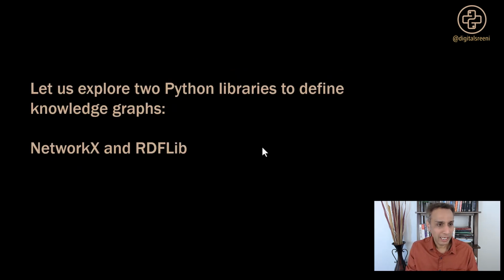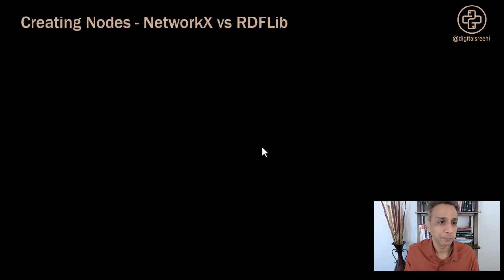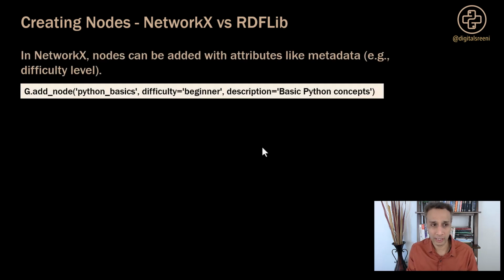Okay, so with that done, now let's explore these two libraries to go through a few scenarios. I assume you're a bit more familiar with NetworkX, especially if you watched my previous video. So we'll compare NetworkX and RDFlib to see how things look slightly different. Creating nodes in NetworkX is pretty straightforward.